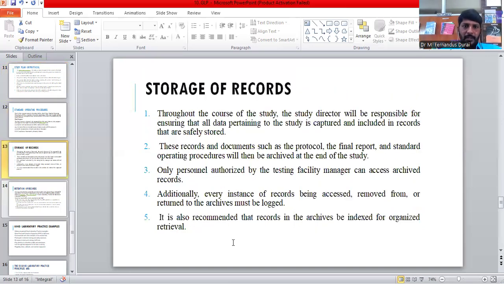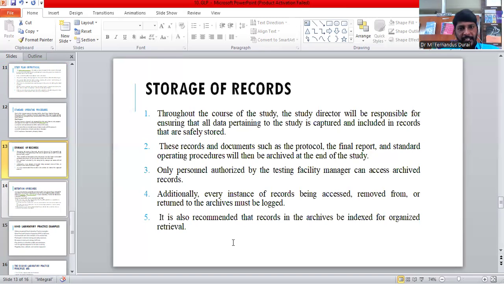Okay. So, storage of records. Throughout the course of the study, the study director will be responsible for ensuring that all data pertaining to the study is captured, included, and recorded safely.